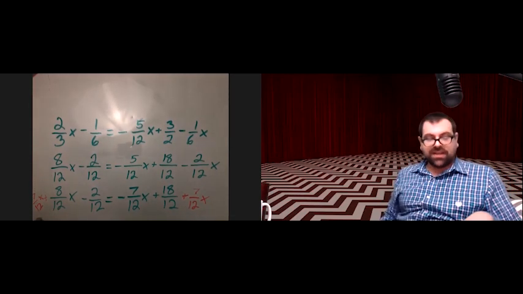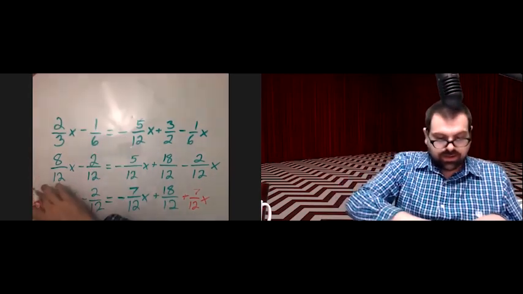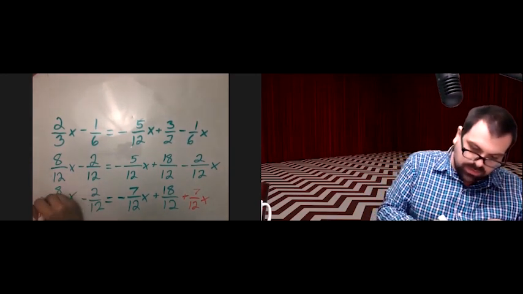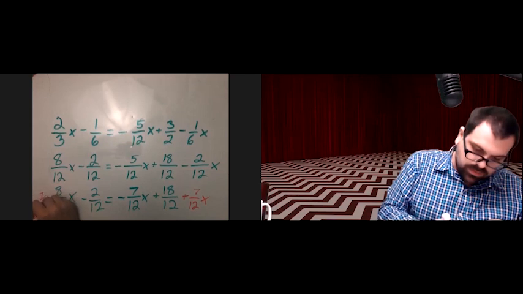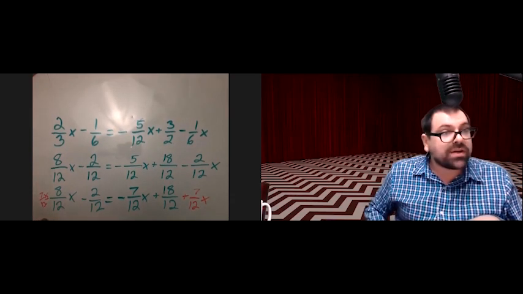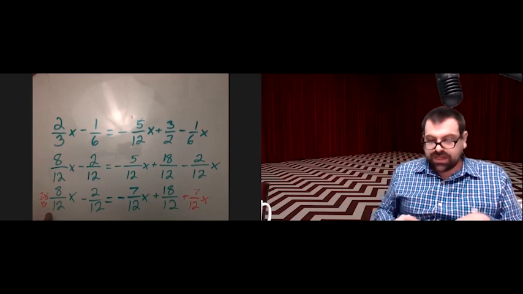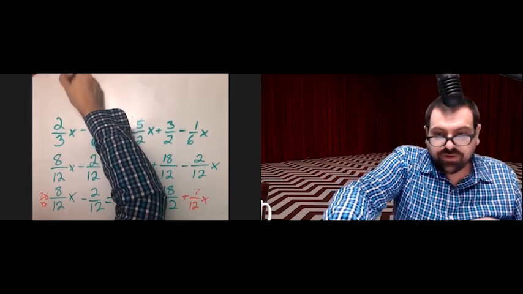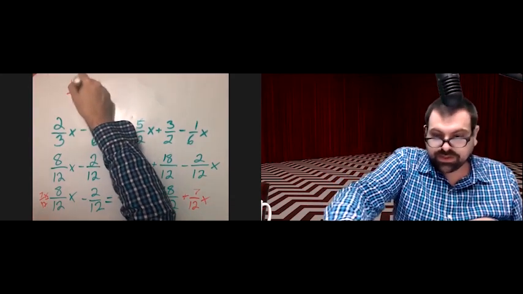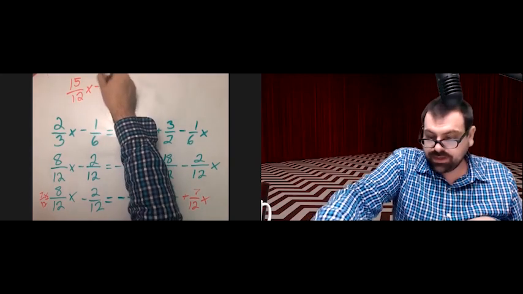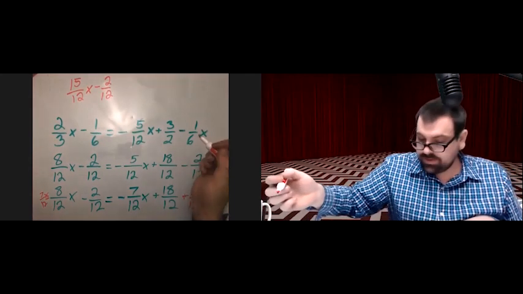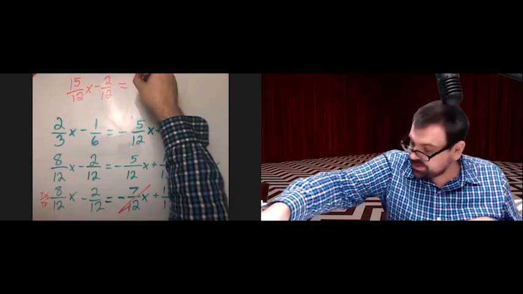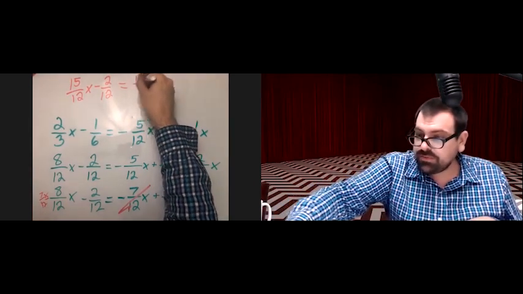So plus 7/12 X in there. 7 plus 8 is 15/12 X minus 2/12 equals, these are gone. All that's left is positive 18/12.